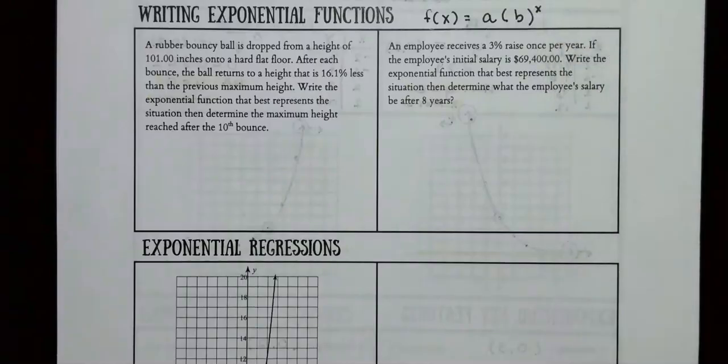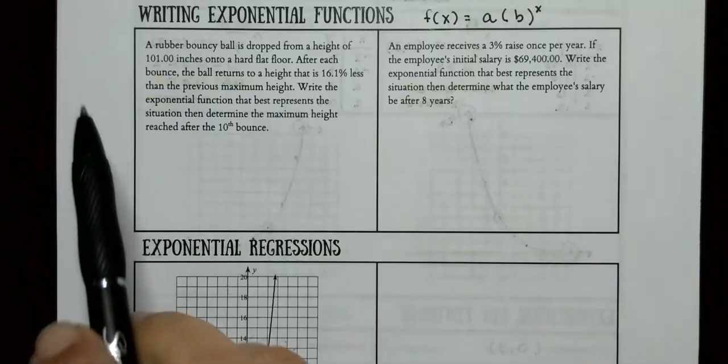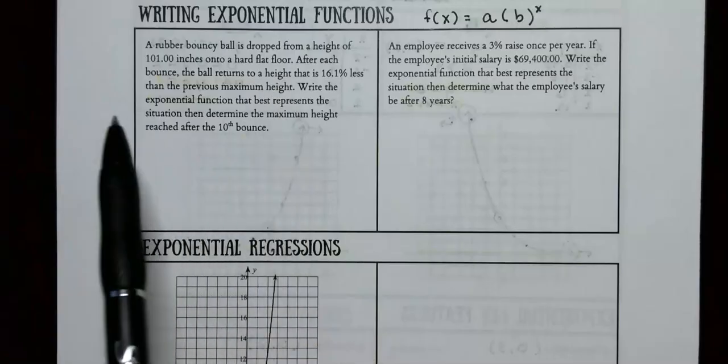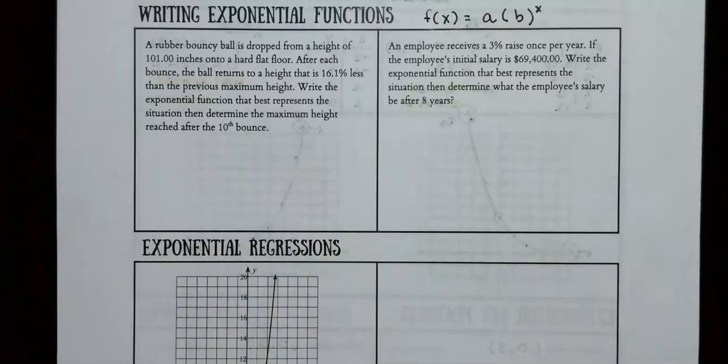The second thing we need to determine, after we figure out which numbers need to go where, is whether this is exponential growth or exponential decay, because that matters. We also need to be able to take any percentages and turn them into decimals. If you forgot how to do that, I'm going to remind you. So let's go through here and pick out the key information that we're going to need.